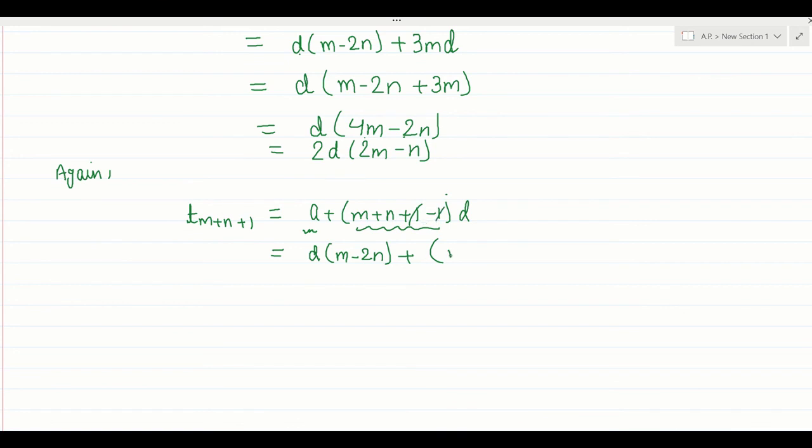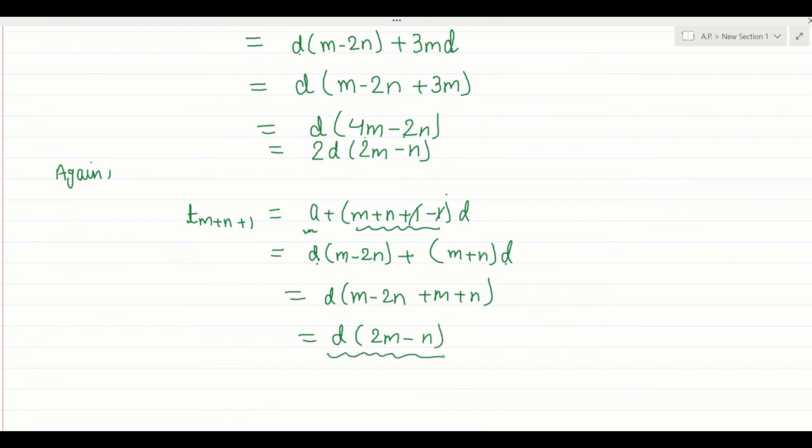So we are left with m plus n D. So this D and this D is common. So D is common, and in bracket we are left with m minus 2n plus m plus n. So it is equal to D into 2m minus n. Is this clear?